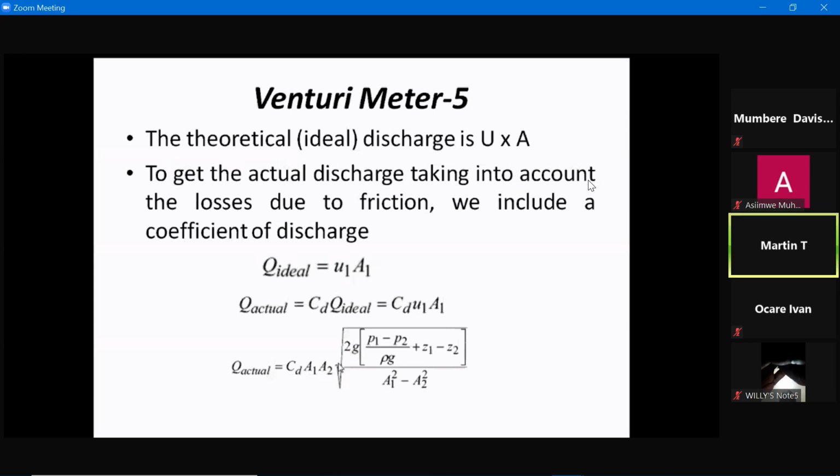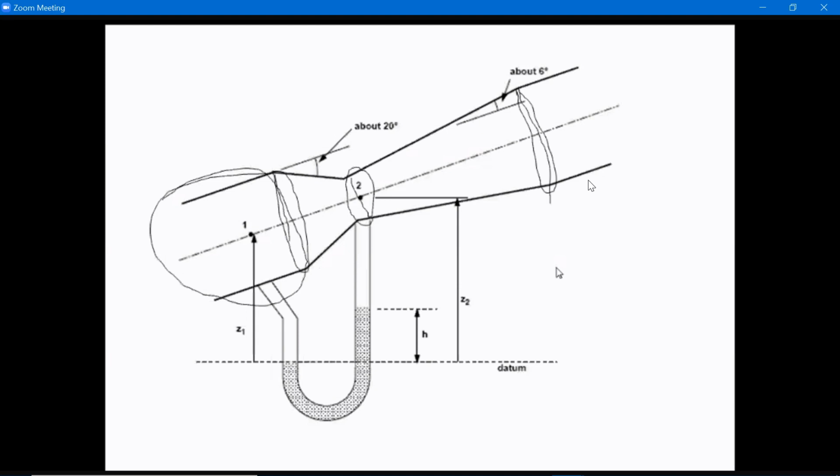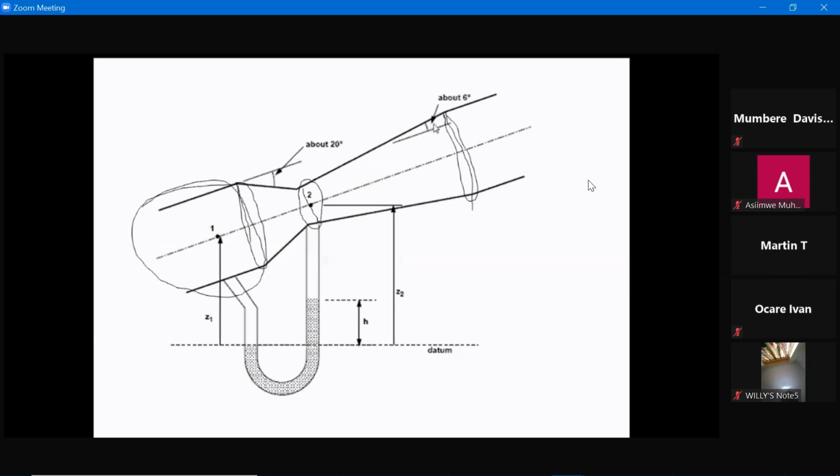You don't estimate it. You see, if you look at the diffuser, like this part, they are estimating this as 6%, and the first part is estimated at 20%.